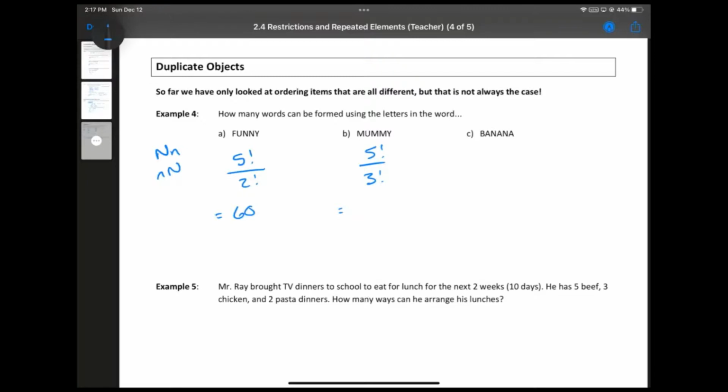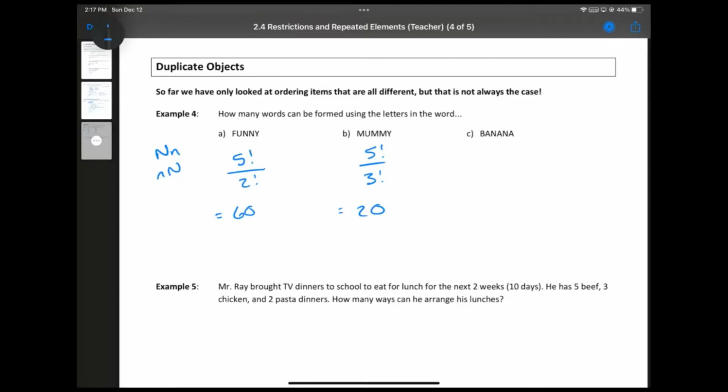This has duplication of 3 things, so you put 3 factorial on the bottom. When you do this one, you get 20. And if you had a 5-letter word where all the letters were M's, like mmmmm, that would be 5 factorial over 5 factorial, which is 1, which makes sense. There's only one way to arrange 5 M's, and that's M, M, M, M, M.